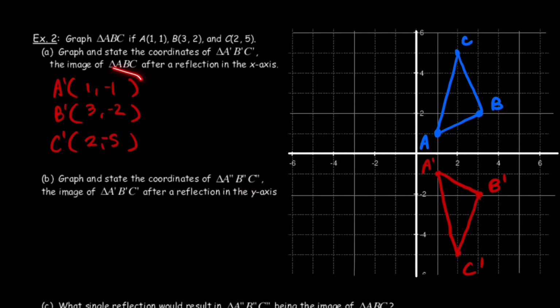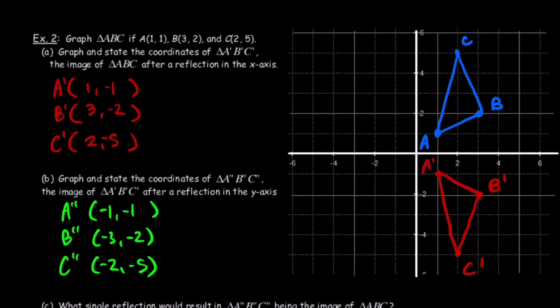So I'm going to take all of these coordinates and negate the x for each one. Okay, so that'll give me A double prime, B double prime, C double prime. Negating the x, I get negative 1, negative 1, negative 3, negative 2, negative 2, negative 5. And it's actually pretty quick because I'm just looking at these coordinates right here and just putting a negative in front of the first number.